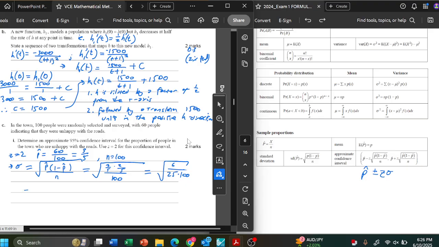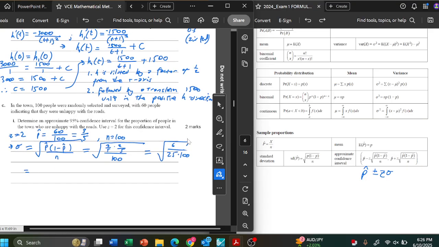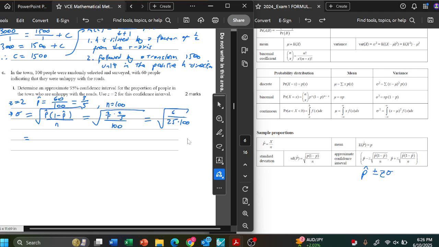That comes out as the square root of 6 up the top, and down the bottom 5 times 10, so root 6 over 50 is our standard deviation in this particular question. That's the standard deviation of the sample proportions.